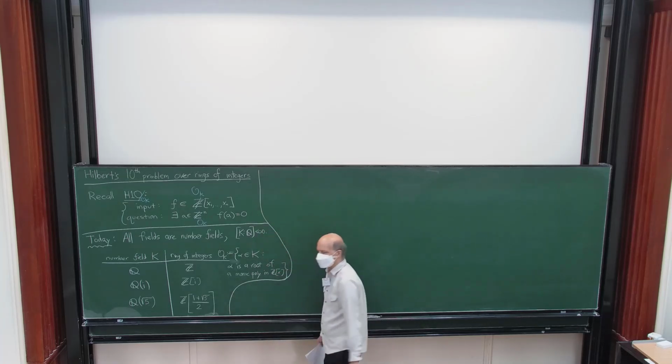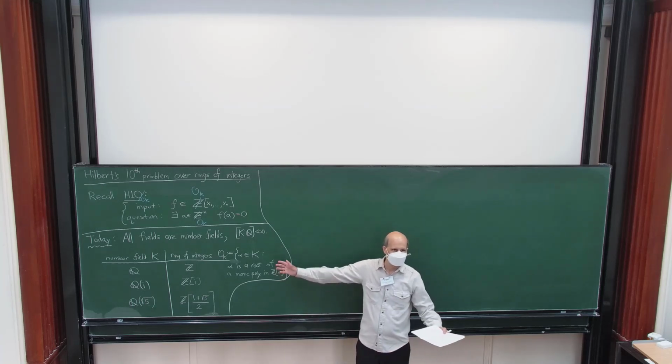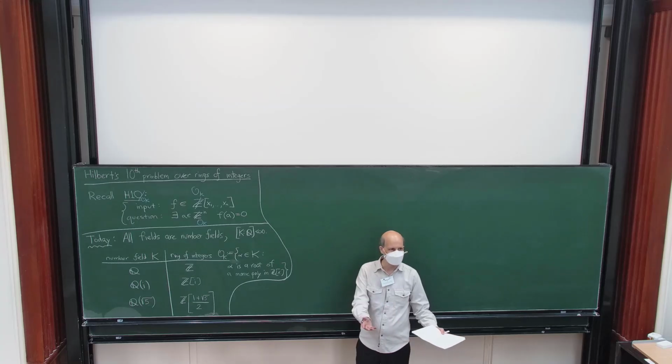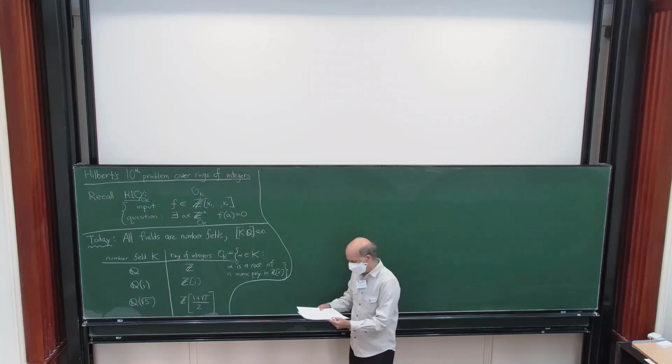I think everybody expected that it would be undecidable because almost every other statement about Z had some kind of analog for rings of integers.